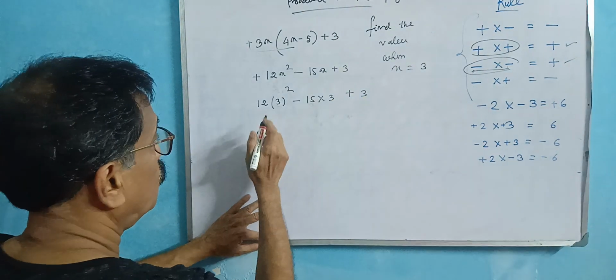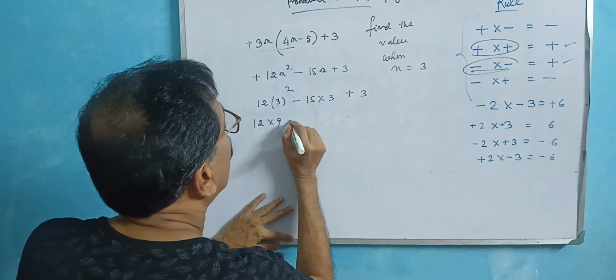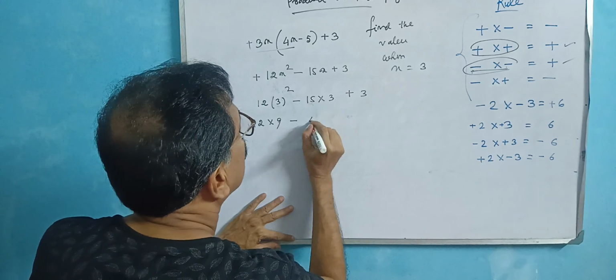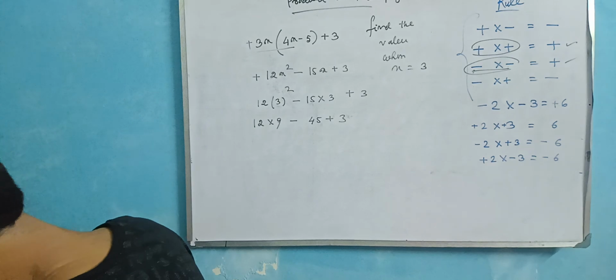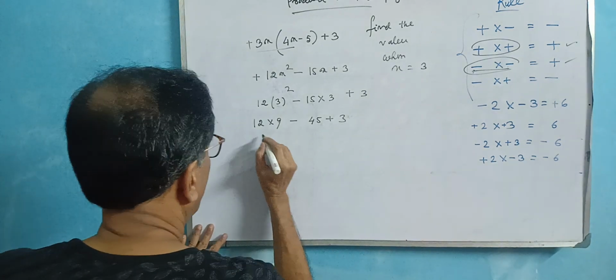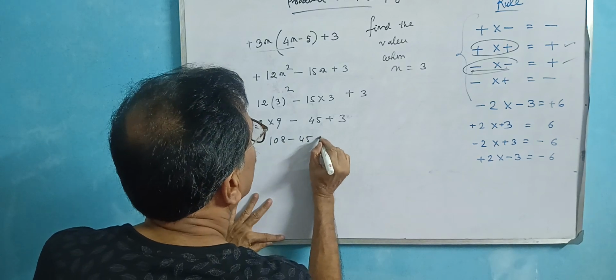Now this is 12, 3 square is 9, minus 15 into 3 is 45. Now 9 twelves are 108, minus 45 plus 3.